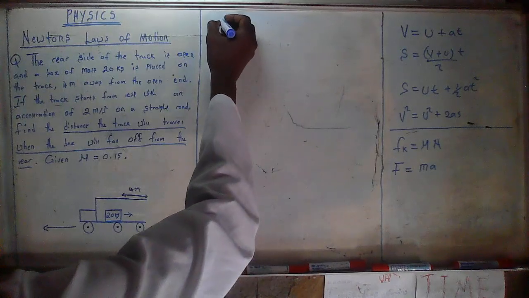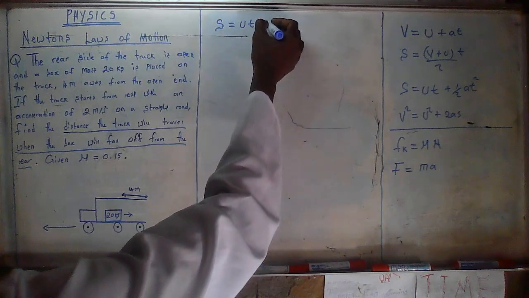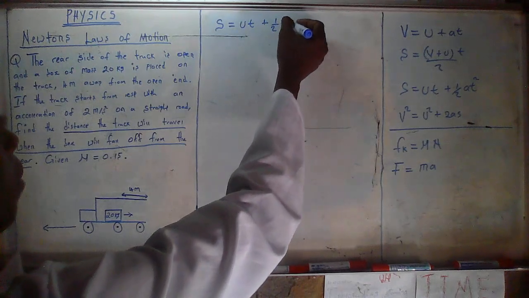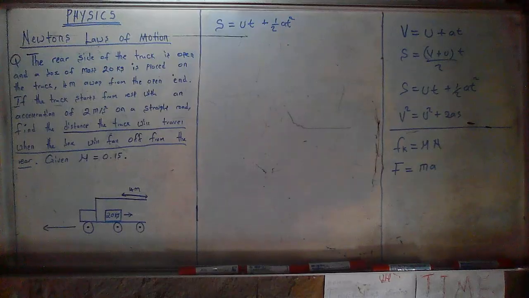which is distance is given by ut plus 1 over 2 at squared. But what do we want to find? We want to find the time. Therefore, from this formula, we are going to make time the subject of the formula.